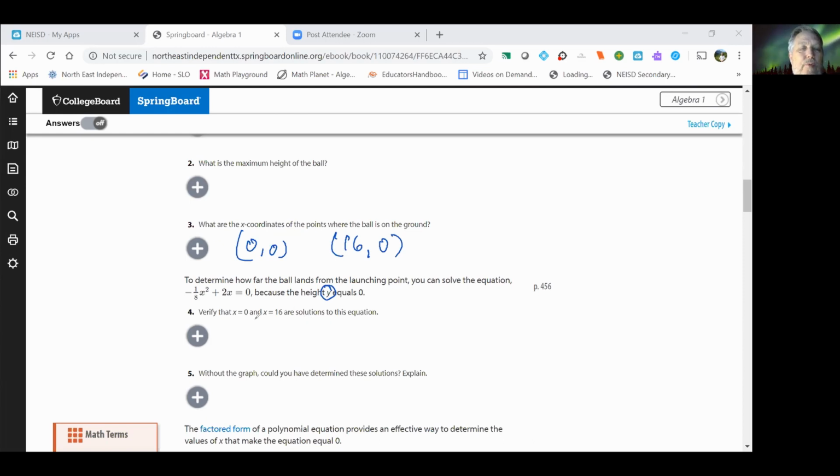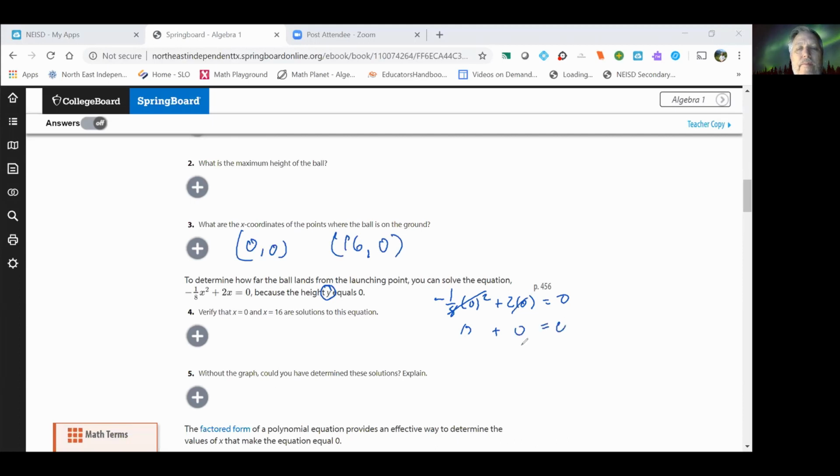Remember, we verify that by simply plugging in. We have -1/8 times 0 squared plus 2 times 0 equals 0. That makes sense because 0 times anything is 0.